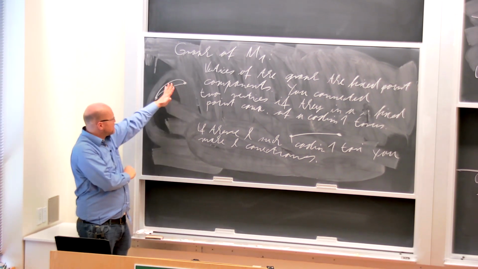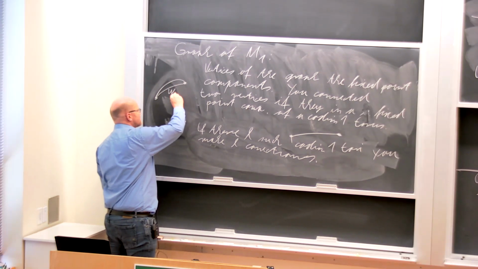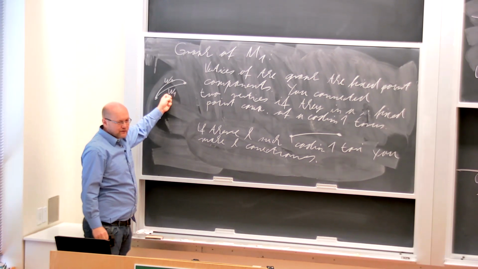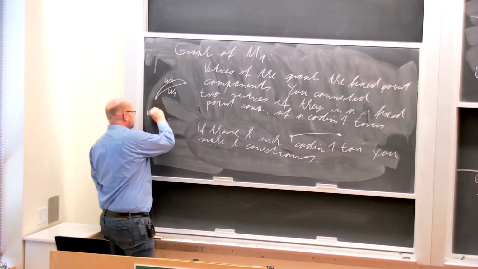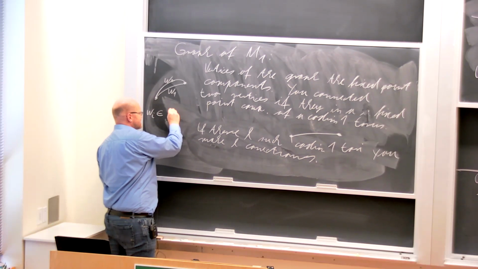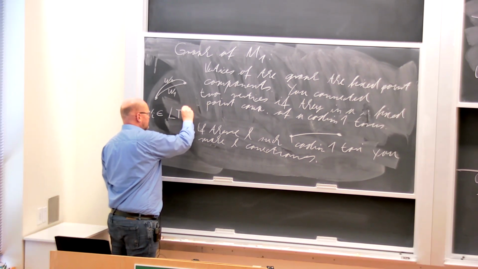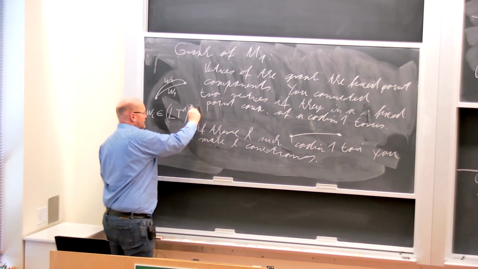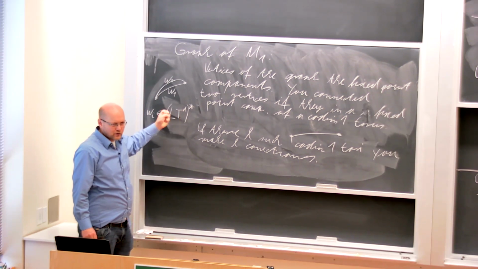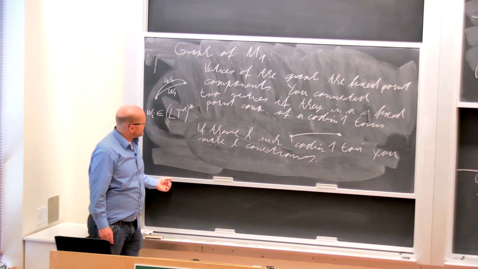And then you put the weight. These things are assigned a weight, basically an element from the dual space. So Wi is in the dual space of the Lie algebra of the torus, and the kernel of the weight is exactly the Lie algebra of the codimension 1 torus.